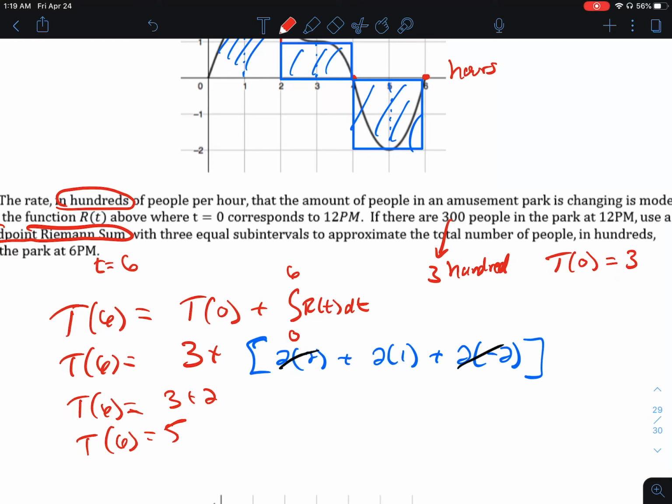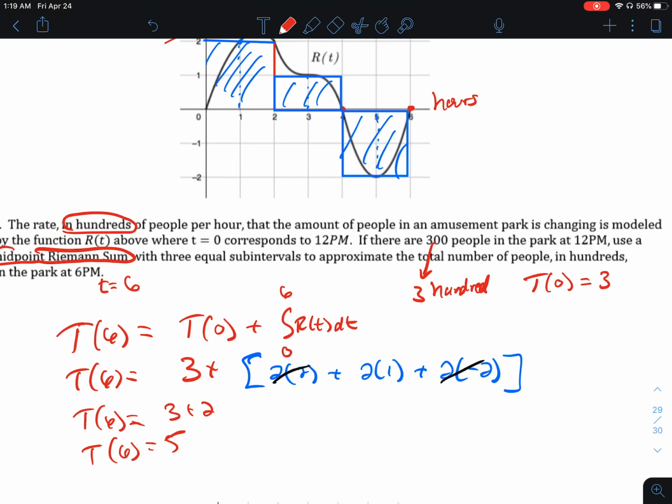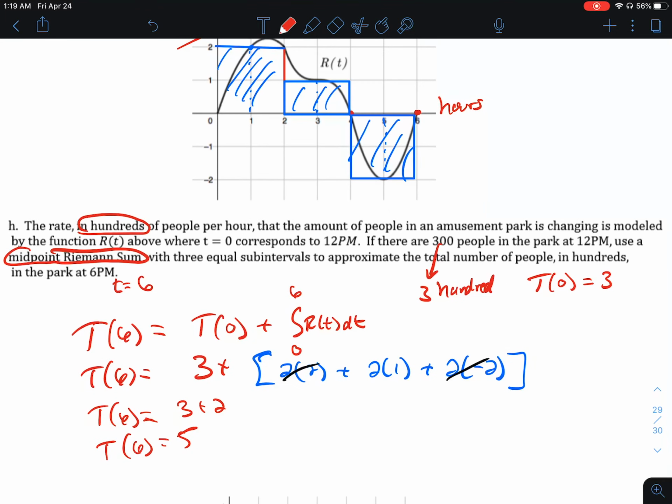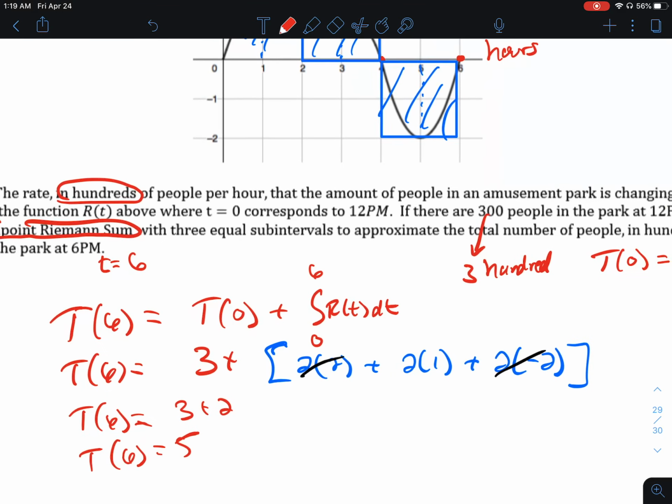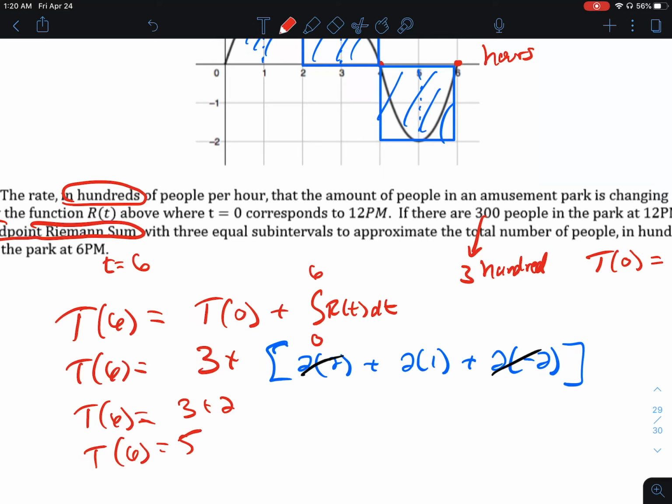Now I don't want to just say that's 5, because this is measured in hundreds. The question was, approximate the total number of people in hundreds at the park. I guess I could leave it like this because it says it's in hundreds. It doesn't say to label it. So r of 6 equals 5 would work.